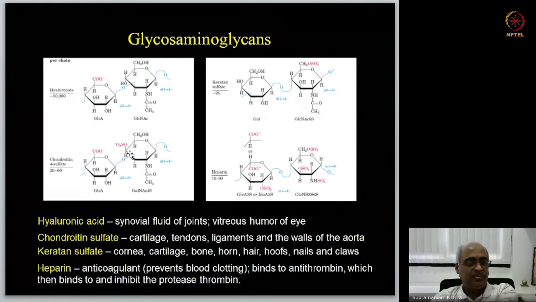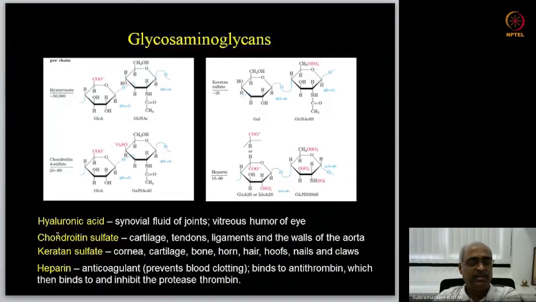And these are usually not present in isolation as carbohydrate. Instead, they are usually attached to proteins, forming what are called proteoglycans. We will learn about it in a short while. In a couple of slides, we'll get to proteoglycans and learn about their importance.